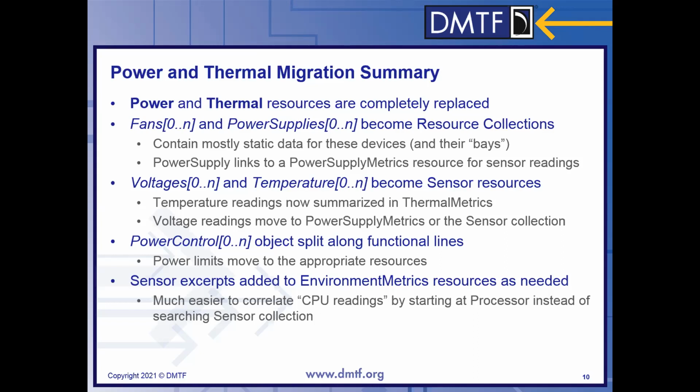The sensors themselves, we're getting to the pattern of having the sensor resources within the appropriate chassis sensor collection. So if you need that kind of monolithic set of sensor readings, you have that one sensor collection to look at. But anything that's specific to that add-in card, you would represent in the environment metrics beneath that add-in card and possibly some components on that add-in card.